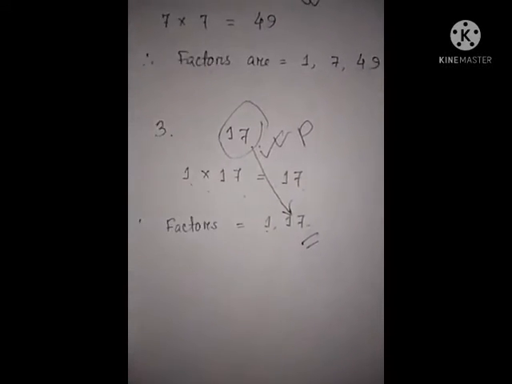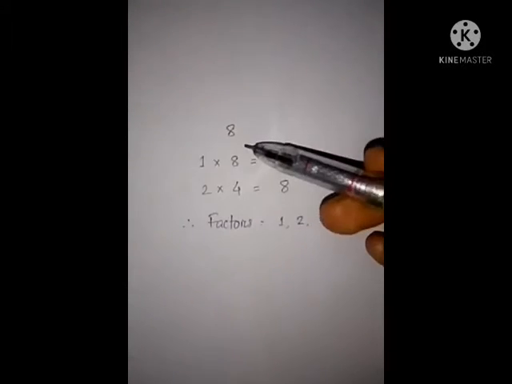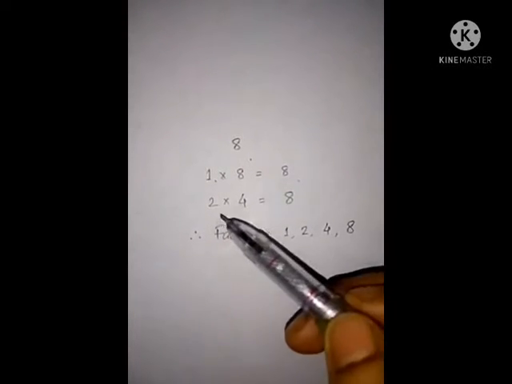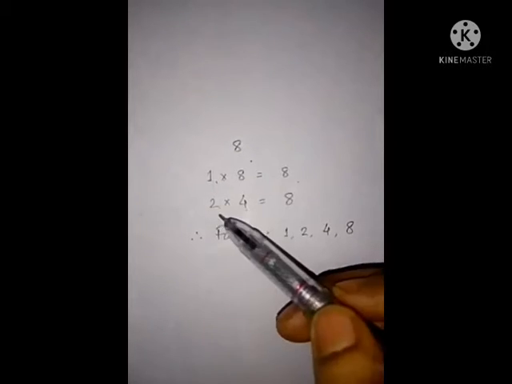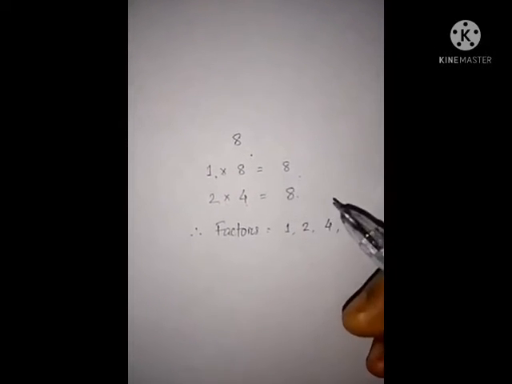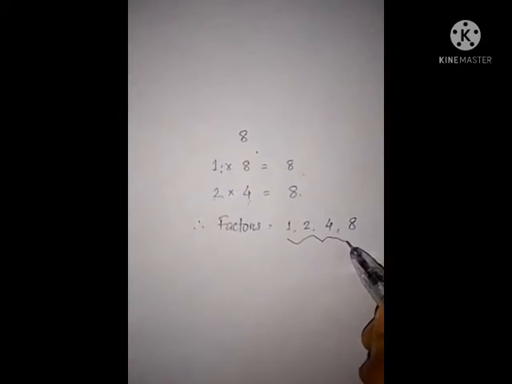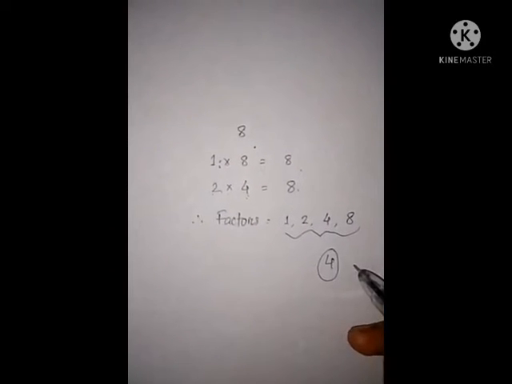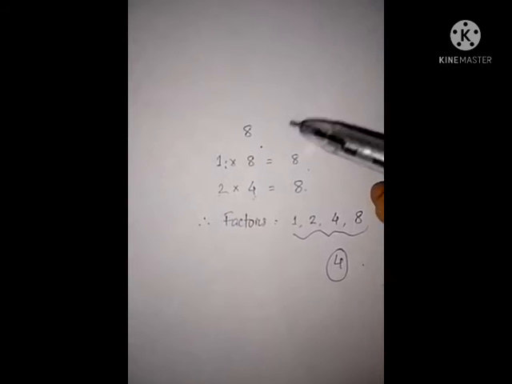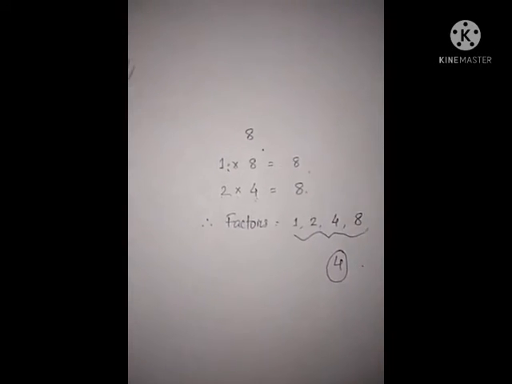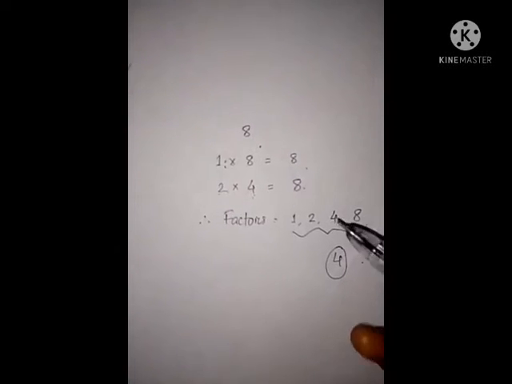Understand? Now see 8. By multiplication 1 into 8 is equal to 8, and 2 into 4, or 2 fours are 8. So the factors are 1, 2, 4 and 8. So it has 4 factors. As the question says, we have to pick out the prime numbers.